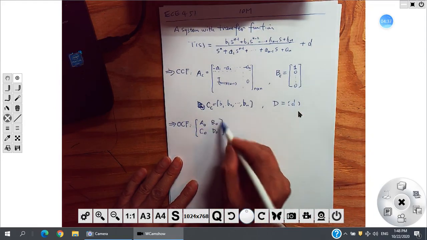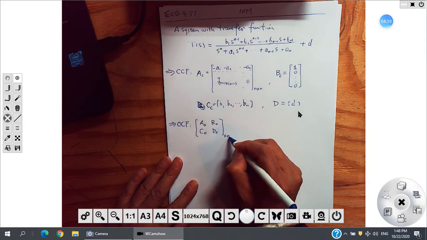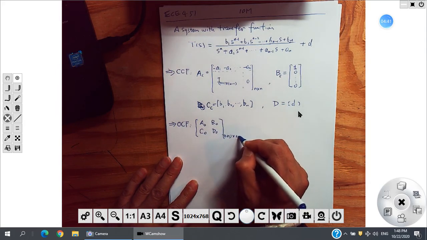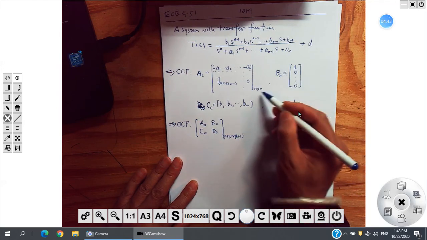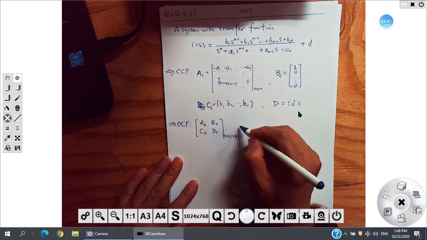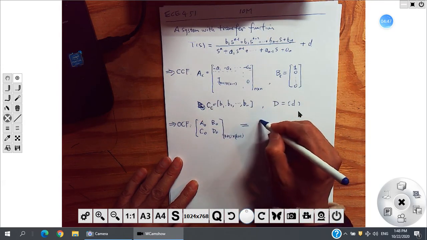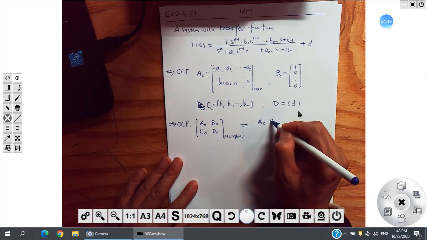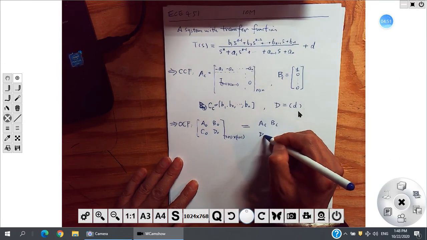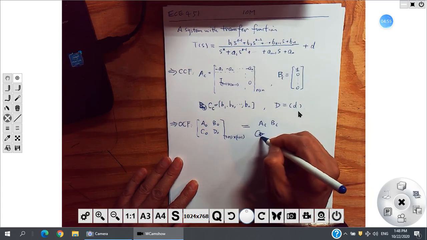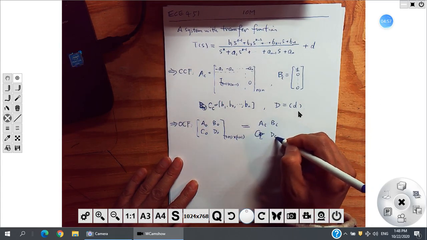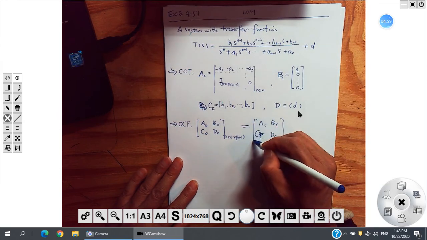So the total is n plus 1 times n plus 1, one more size than A. And this is equal to AC, BC, CC, and DC put together. This is also a matrix.